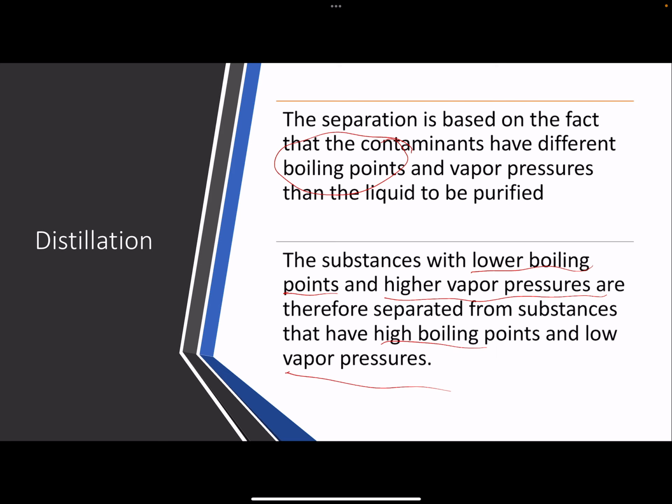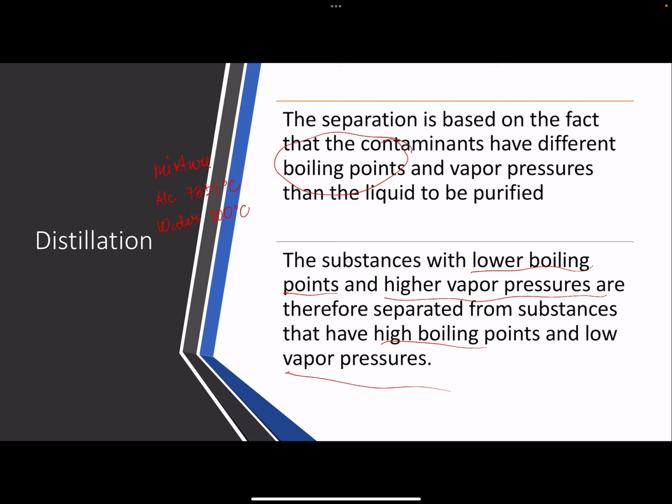So for example, in your mixture, you have alcohol, which has a boiling point of 73 plus minus 1 degrees Celsius, and then you have water, which has a boiling point of, as we all know, 100 degrees Celsius.